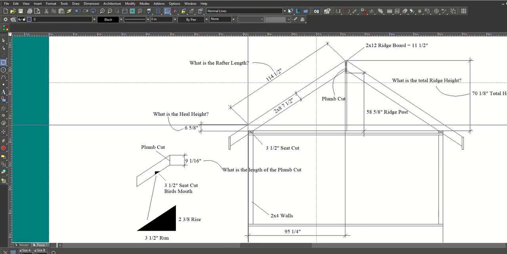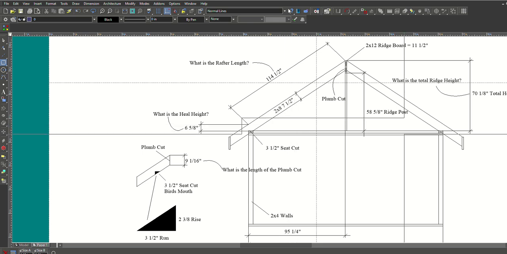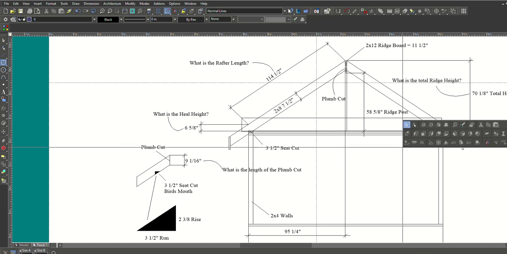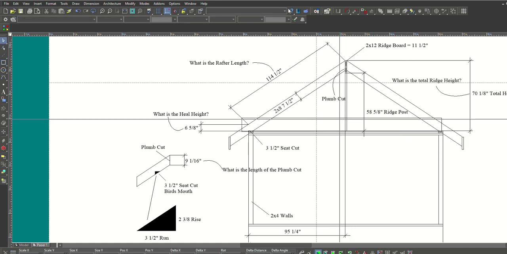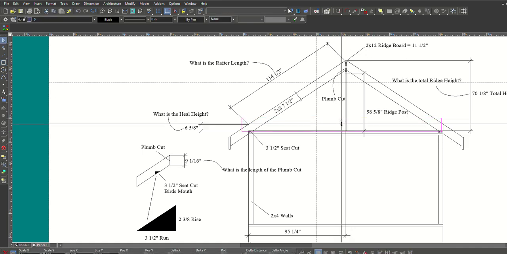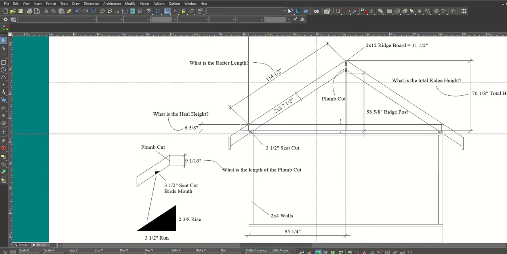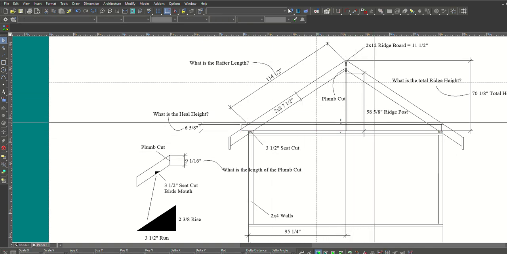If you take this little triangle right here, this is what you call your heel height. That would be your little rectangle that you need to add in for total ridge height.